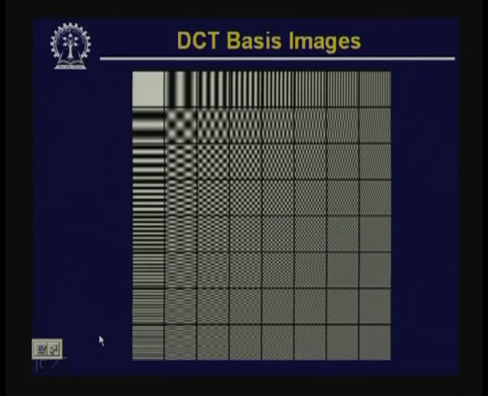This figure shows the two-dimensional basis images or basis functions in case of discrete cosine transformation, where we have shown the basis images for an 8 by 8 two-dimensional discrete cosine transformation.